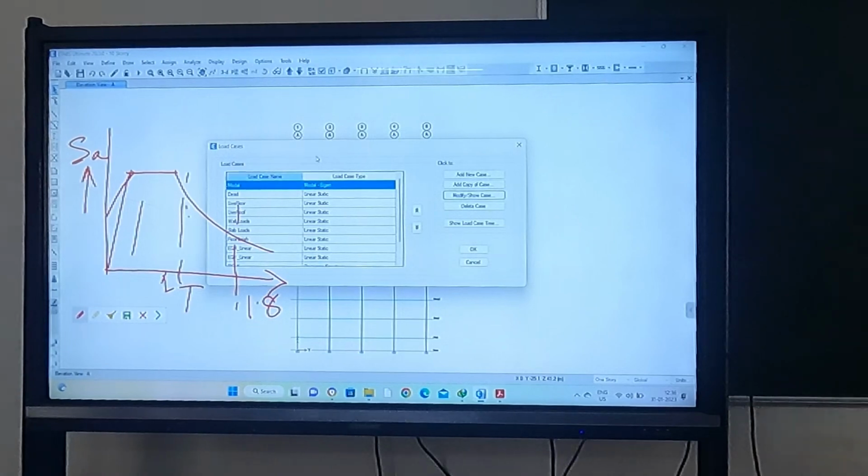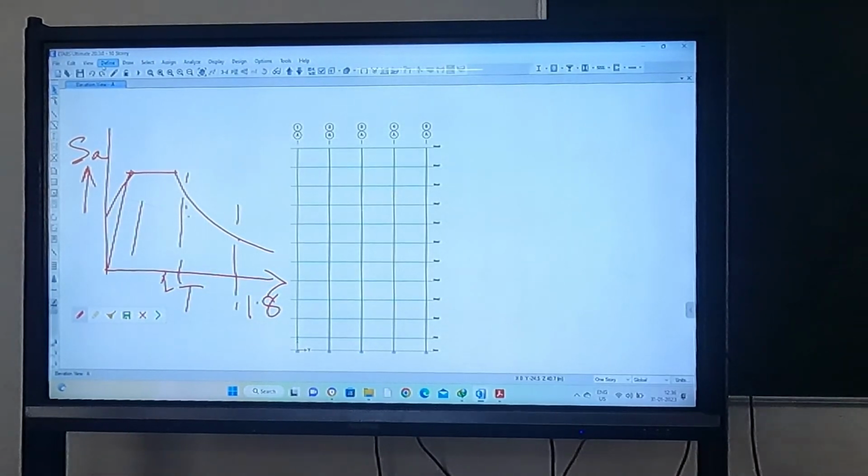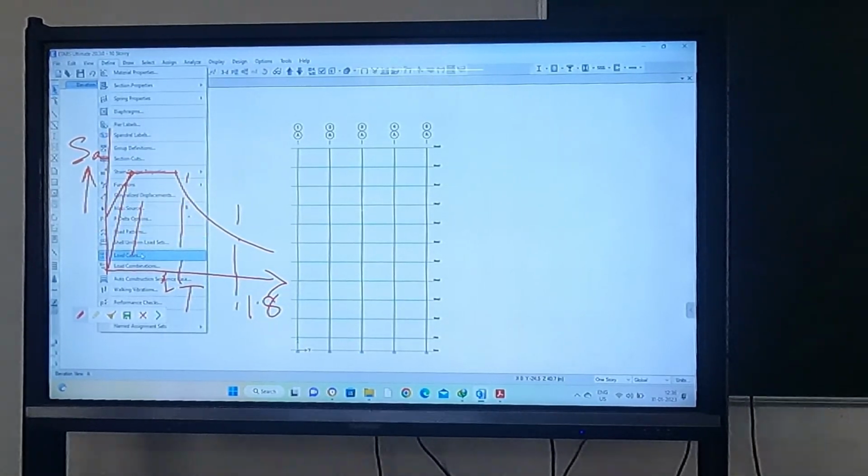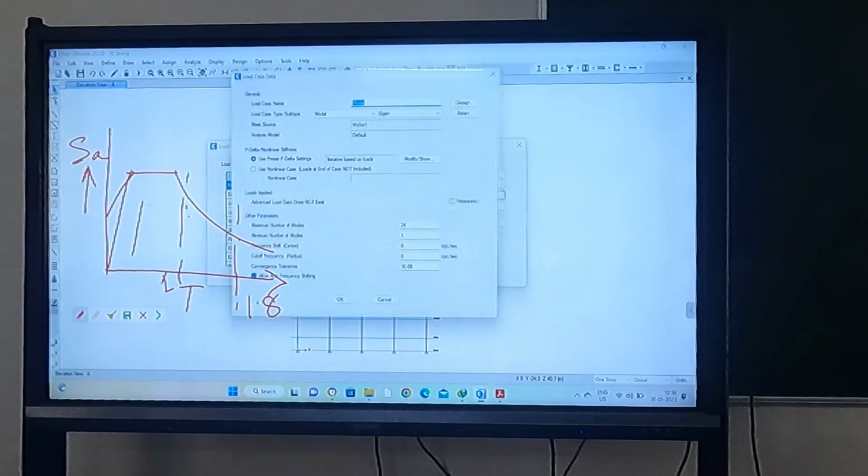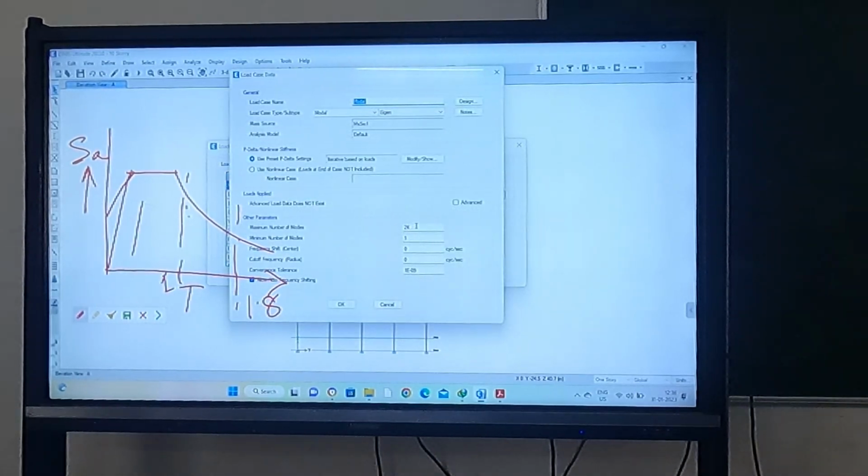See, in load case you will get this. Here, define, then go to load cases, and you have this modal load case. Click on modify, and here you see the maximum number of modes, 24. You can set how many modes you need. Our objective is to get a minimum of 90%.